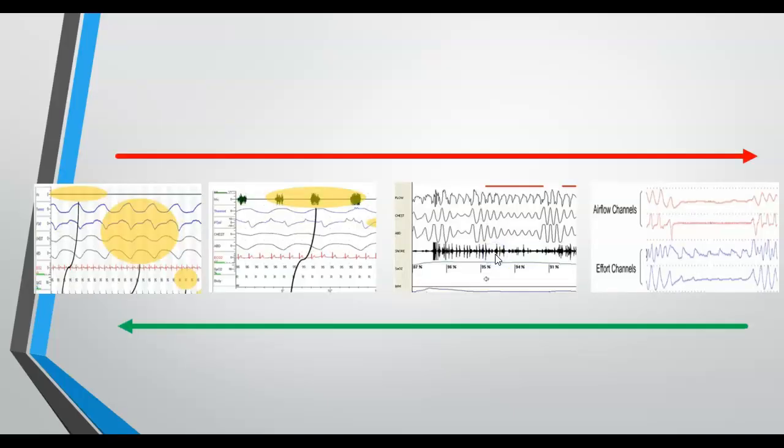Next, what we have seen in both the overnight titration and the split night study is a continuum of obstructive events. Here you can see this is normal breathing. There is no snoring, and the flow is available for each effort. Saturation is well maintained.